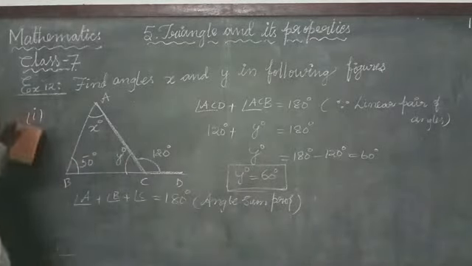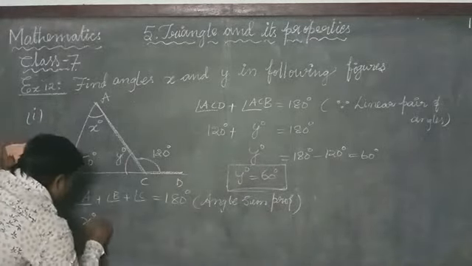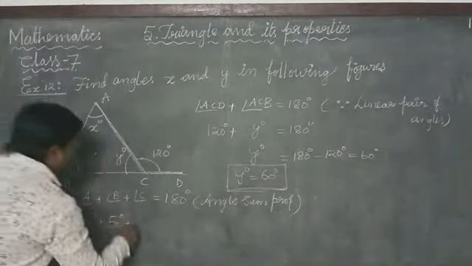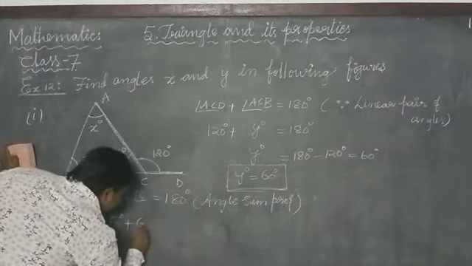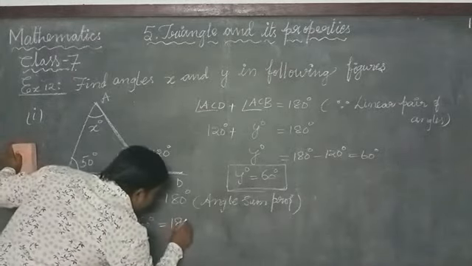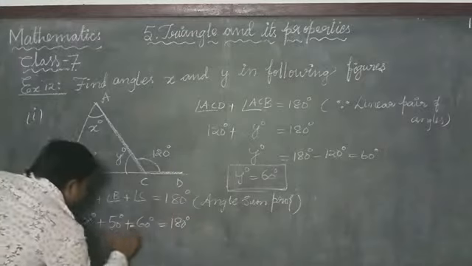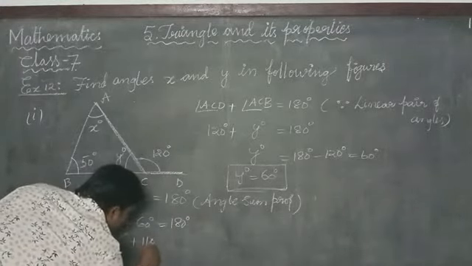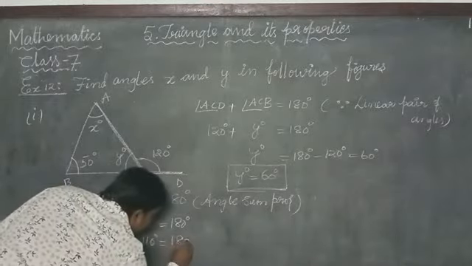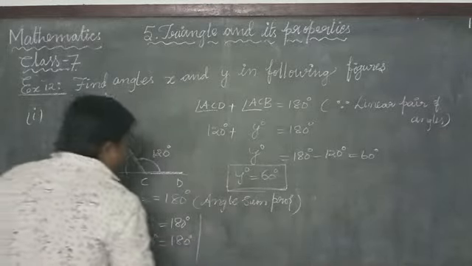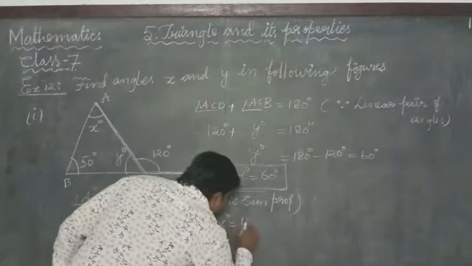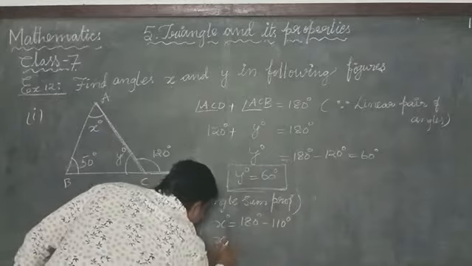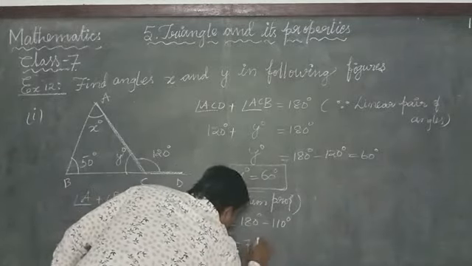Here angle A equals x degrees, angle B equals 50 degrees and angle C equals y, which is 60 degrees. Then 50 plus 60 is 110, so x degrees plus 110 degrees equals 180 degrees. Then x degrees equals 180 minus 110 degrees. Then x degrees equals 70 degrees.